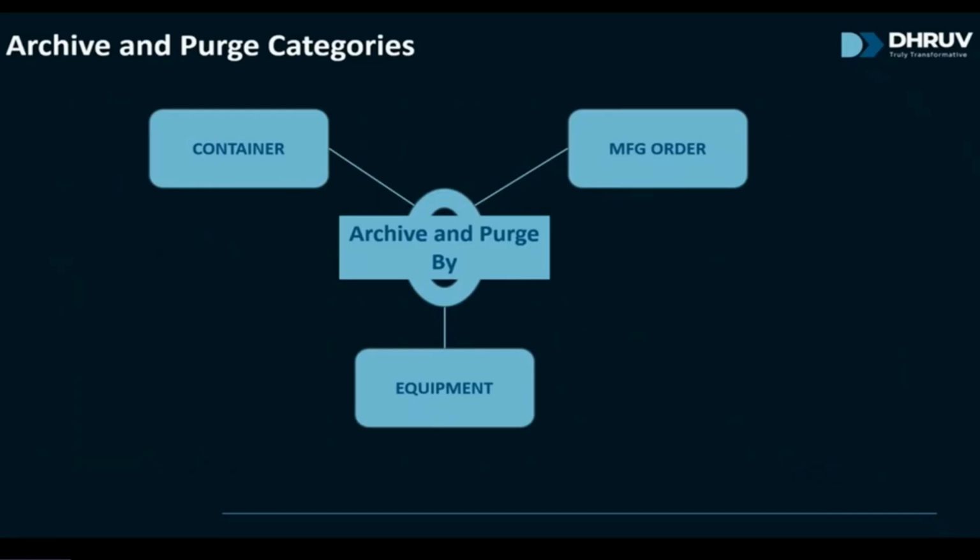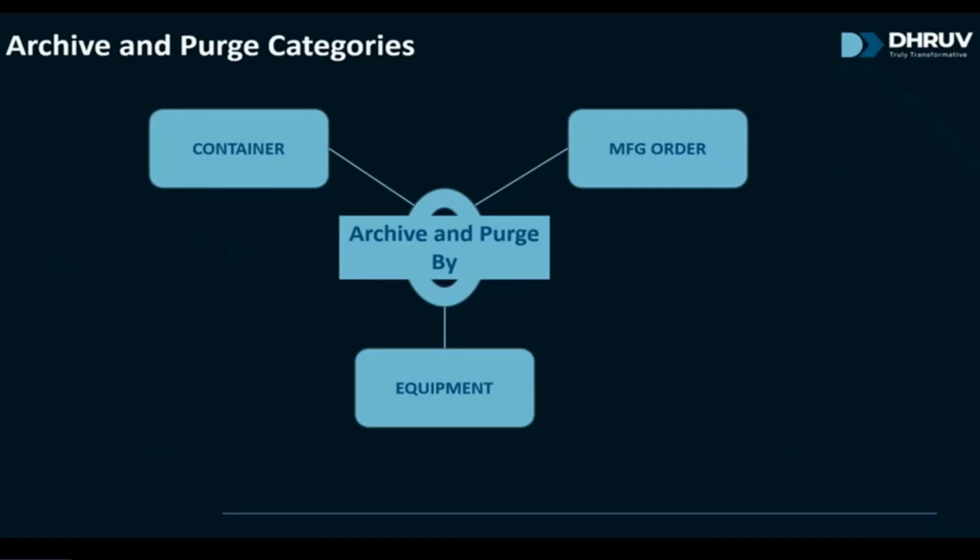EmVault provides out-of-the-box archive and purge solutions for multiple business categories. These pre-configured solutions are ready to use and can also be customized to fit your business requirements. The first category is archive and purge by container, which will process container and its history related records.